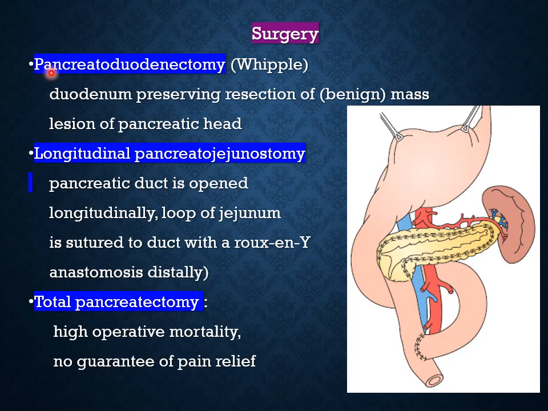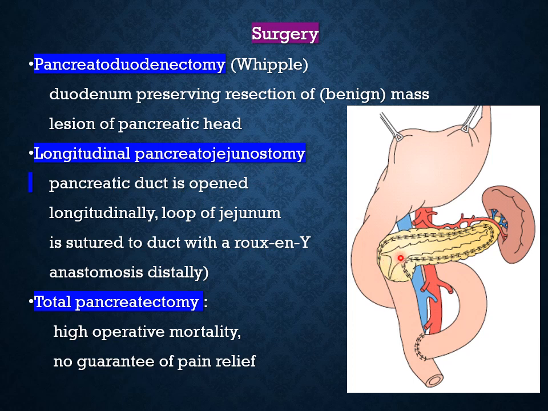These are a few of the surgical treatments that are available. Pancreatoduodenectomy, okay, duodenum preserving resection of the benign mass lesion of the pancreatic head, and pancreaticoduodenectomy, also known as Whipple's operation. Okay, so the head of the pancreas is removed with the pancreatic duct, and then this is joined to the jejunum. Or you can do a longitudinal pancreatojejunostomy.